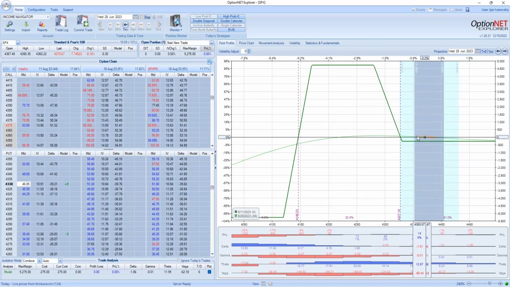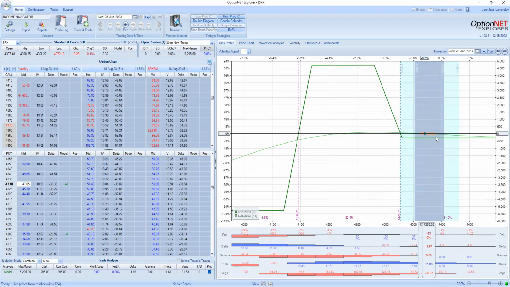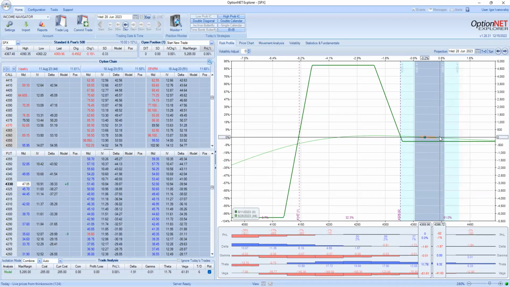So by rolling our upper long down and collecting a credit, we're raising our risk graph at expiration line higher. So we're almost break even, which means that if the market continues to run and moves up 1,000 points from here on, instead of losing $280, we're only going to lose $30. Sounds like a pretty good deal to me.